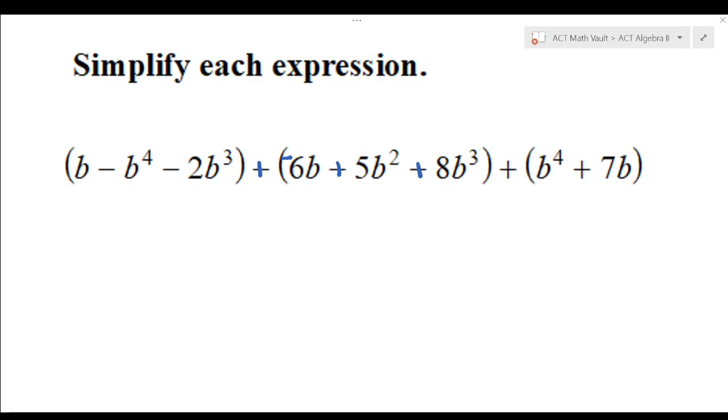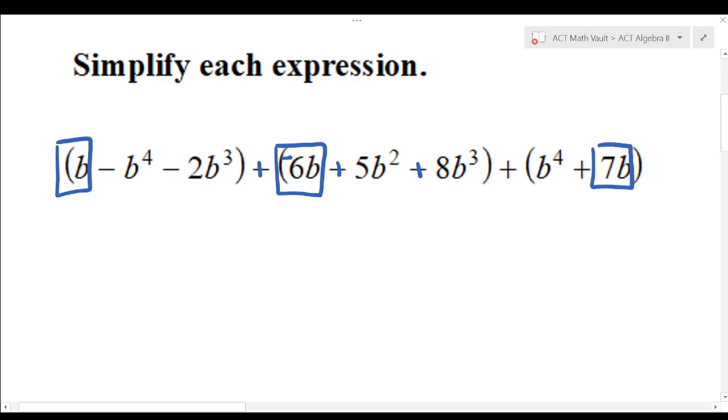And what some people do is they put some sort of a shape or symbol around the terms that match. So we can go ahead and do that. Anything with a single B, I'm going to put a square around. And anything with a B squared can get a circle.